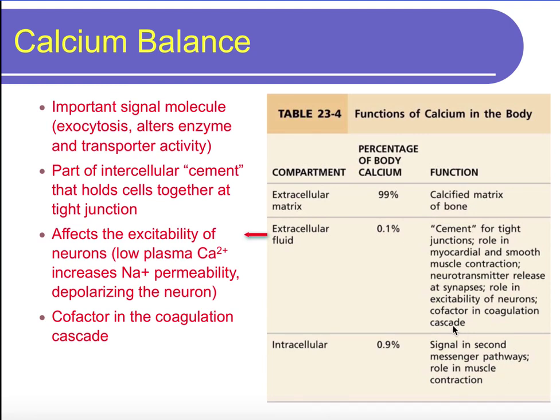Remember, it causes exocytosis. It's also involved in tight junction formation. We also need it, for example, we didn't talk about this yet, but coagulation cascade. So blood clotting, we need it. For muscle contractions, we need calcium. Let's see, what else? Did I miss anything? No. Okay, so calcium's important.